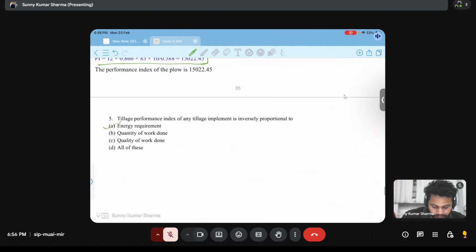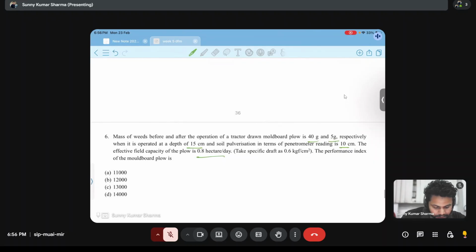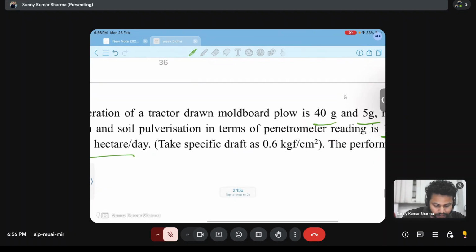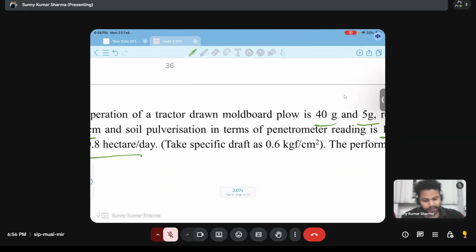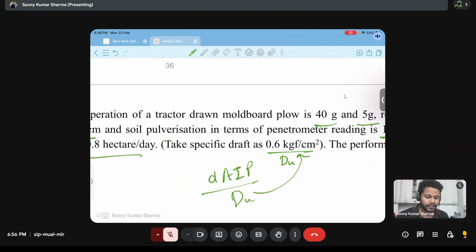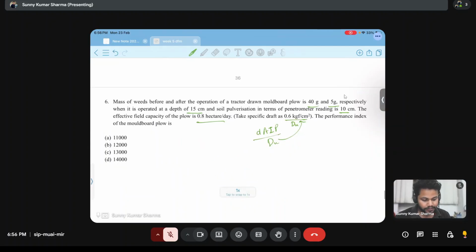So the draft value is also given as 0.6 kg per centimeter square. This is the specific draft, DU, right, sir? Yes, DU. So the small d value, d into P by DU. DU is the specific draft in kgf per centimeter square.